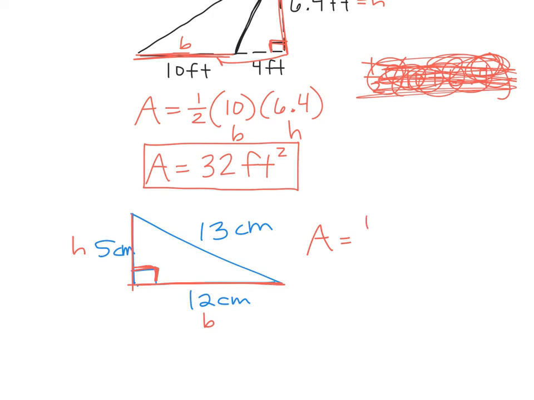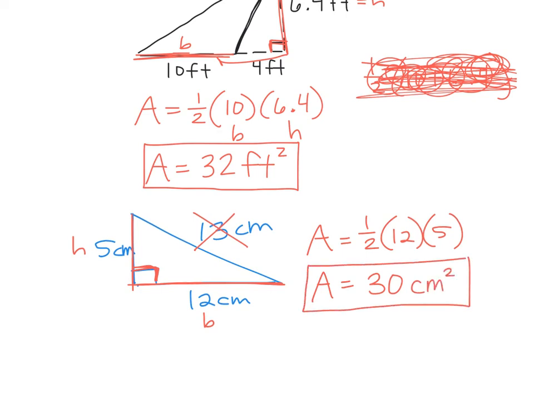So your area would be 1/2 times 12 times 5. Okay, the 13 does not get used. You want the two that are perpendicular. So when your triangle is a right triangle, you'll actually use two sides of the triangle. Okay, so work that out. You get your area is 30. We were talking centimeters, so 30 square centimeters.